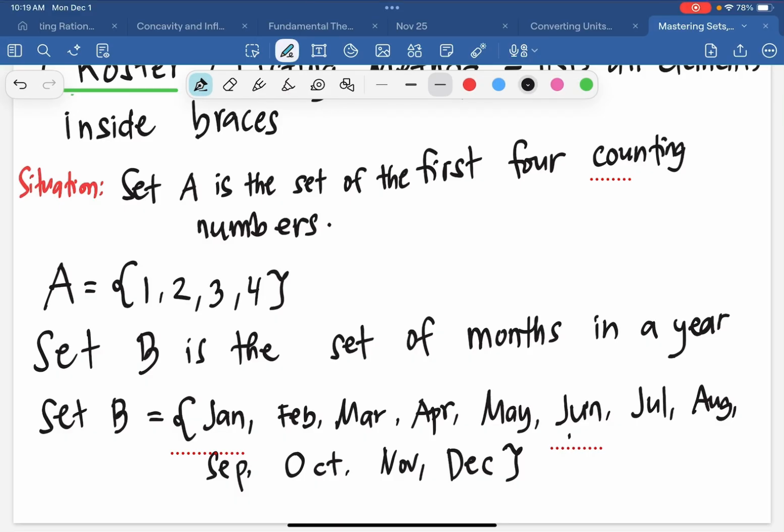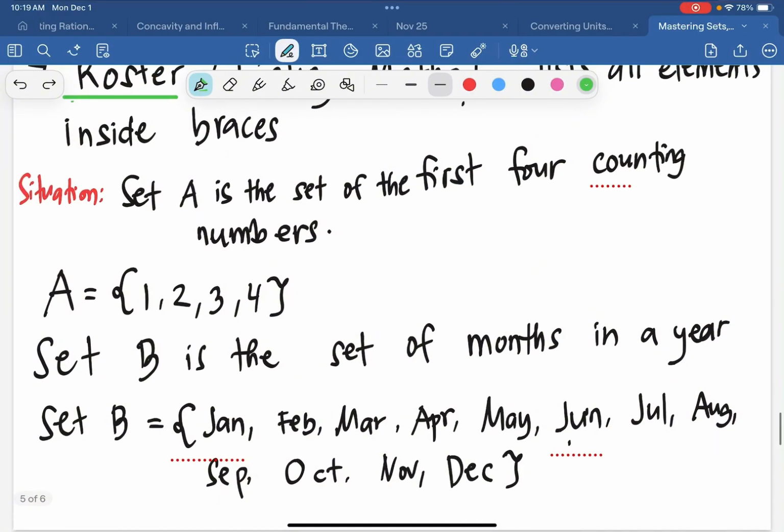And as you can see, even from earlier, if you have it inside the braces, you just need to list all the elements and you just need commas to do their work. Yeah, and that's it.